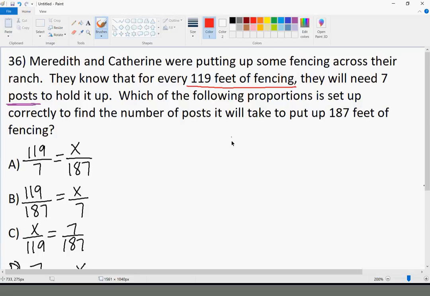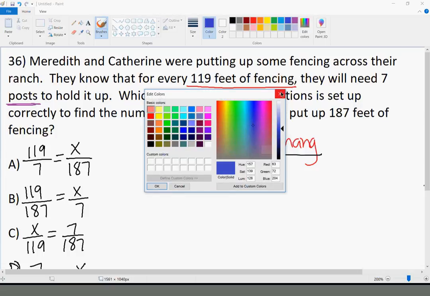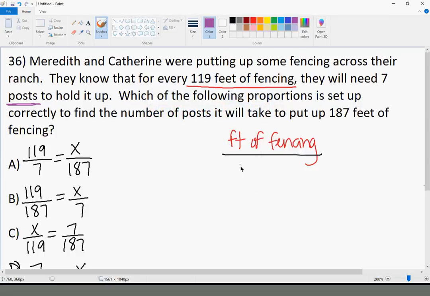So if you were going to do feet of fencing divided by the number of posts, it would have to be equal to the exact same units. Fencing over posts. Or it could be reversed.